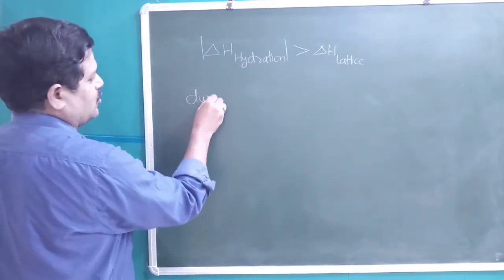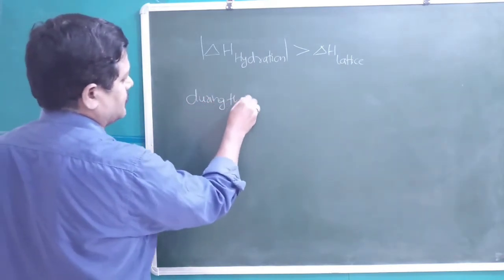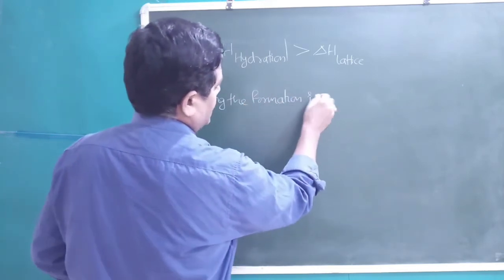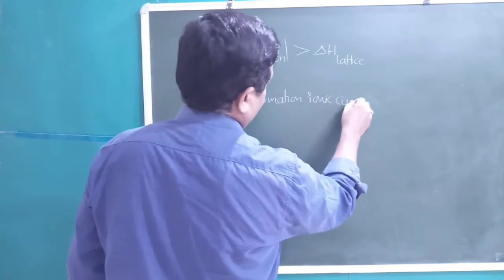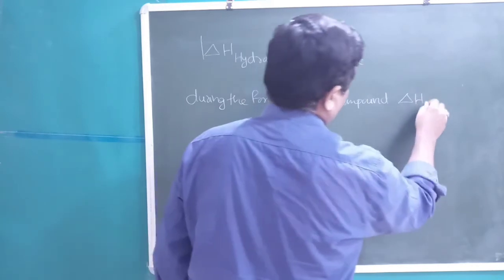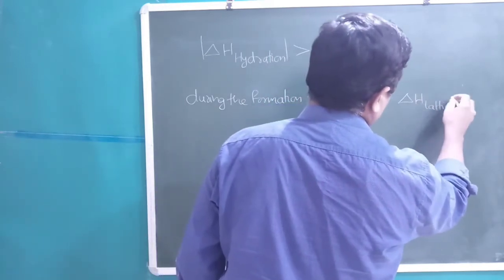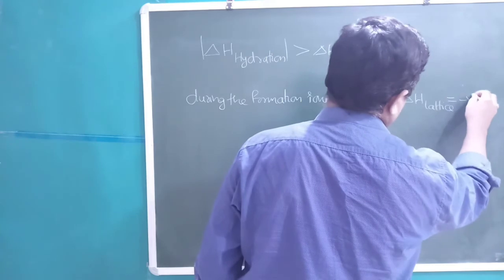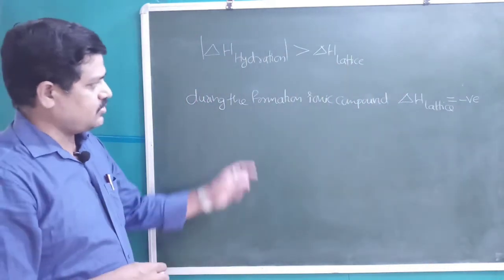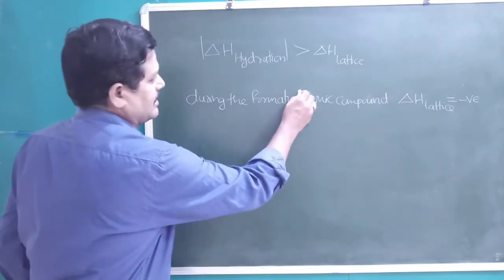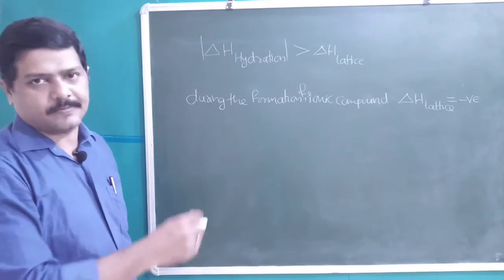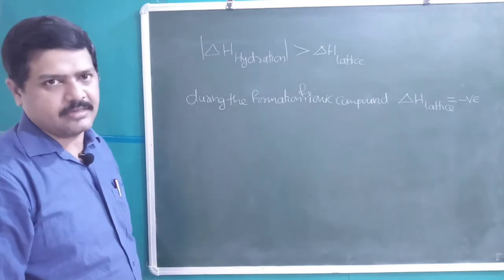Generally students, during the formation of an ionic compound, delta H lattice sign is negative, because it is an exothermic process, right?